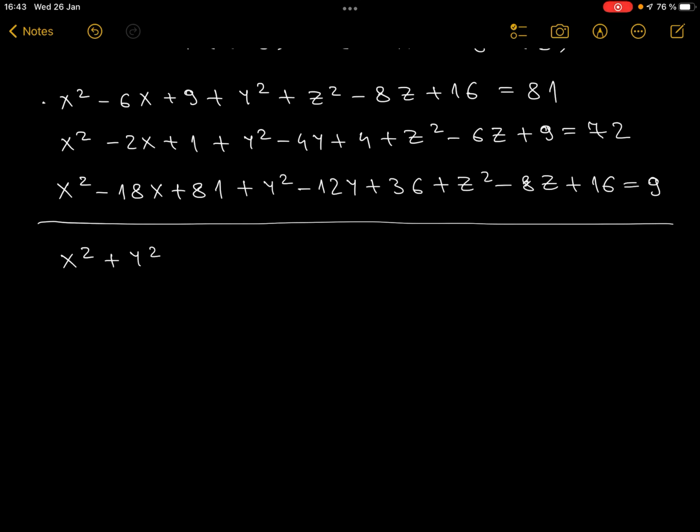X squared plus y squared plus z squared is equal to 81 minus 9 minus 16 plus 6x plus 8z.